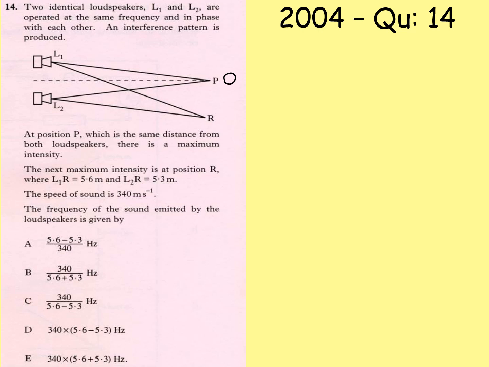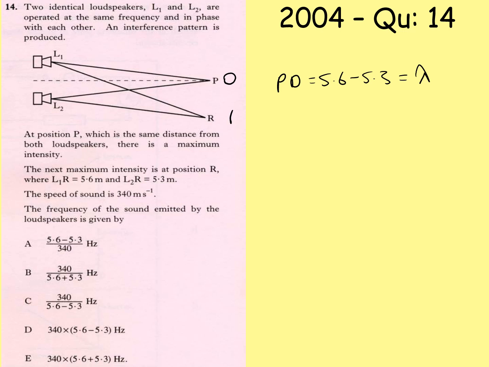The next maximum intensity is at position R, so this must be our first order, where L1 to R is 5.6 meters and L2 to R is 5.3 meters. So our path difference is going to be equal to 5.6 take away 5.3, and because that's our first order maxima, I know this is equal to 1 lambda.